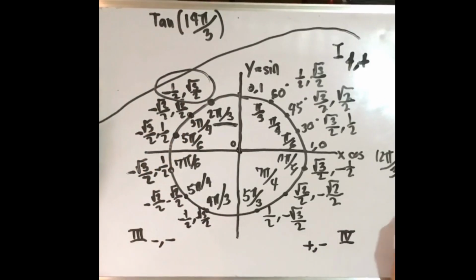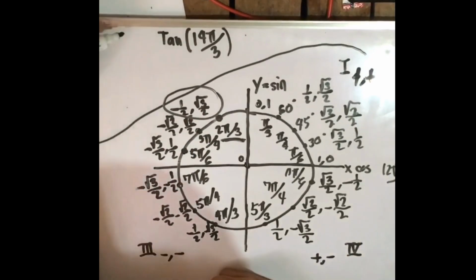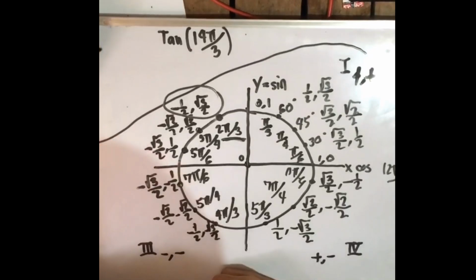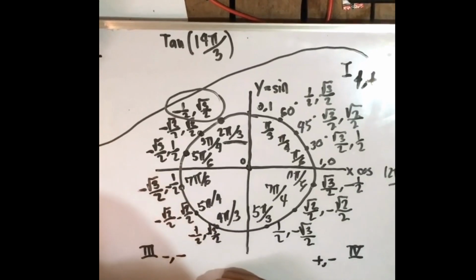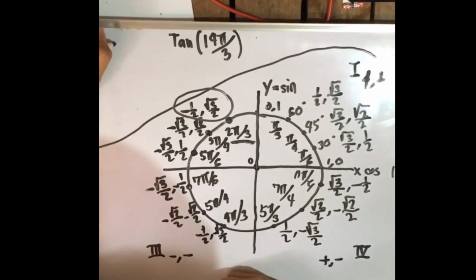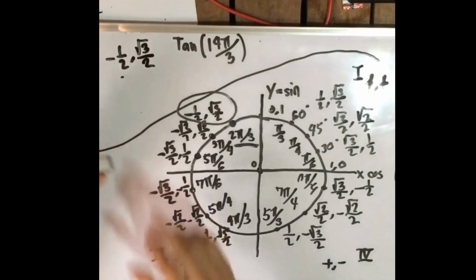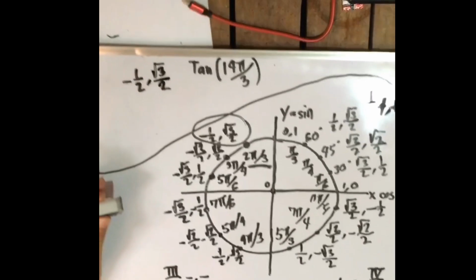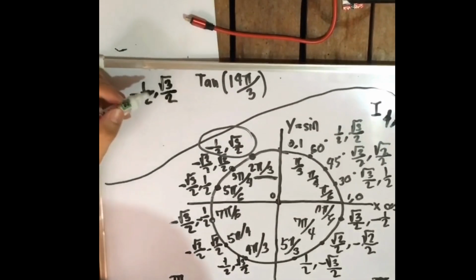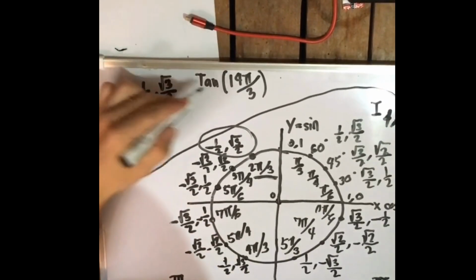Now let's try to solve. Tangent of 14 pi over 3, so the angle is negative 1/2 over root 3 over 2.